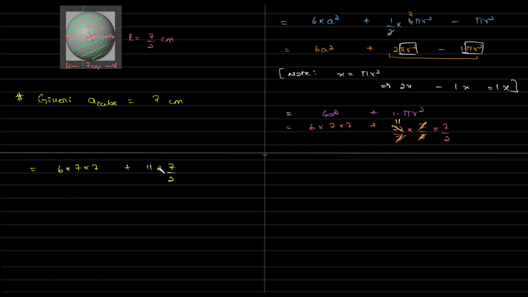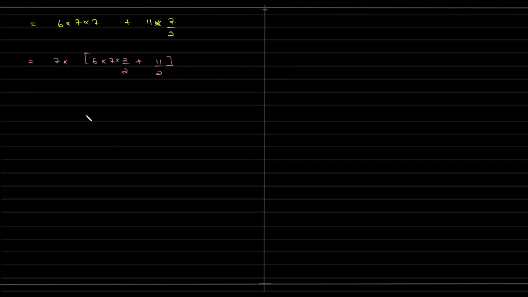So 7 is common in the numerator. So we have 7 into 6 into 7 plus 11 by 2. So this is 2 by 2. So we have 7 by 2 into 14, 84 plus 95, right? And so 7 into that is 35, 63, 66 by 2.